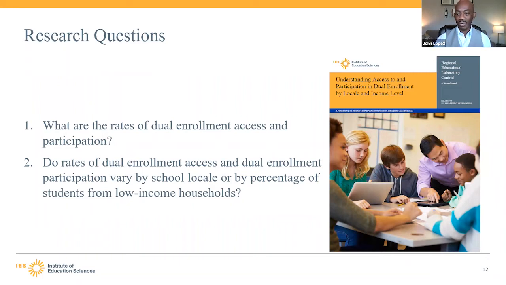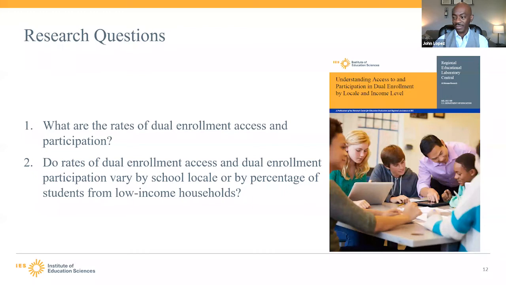I will say at this point, and I'm going to ask for your patience to bear with me for just a second, this is an important point related to the data we're going to share with you. The data that we used were from the Civil Rights Data Collection database, which collects information about dual enrollment for schools that include juvenile justice facilities with grades 9 to 12 or with ungraded high school age students.